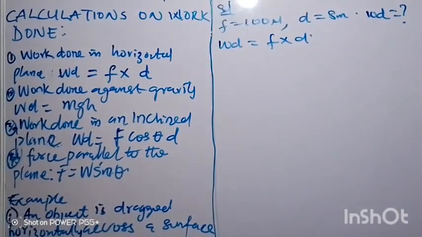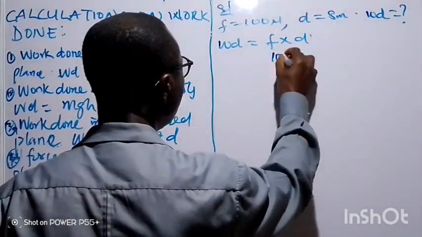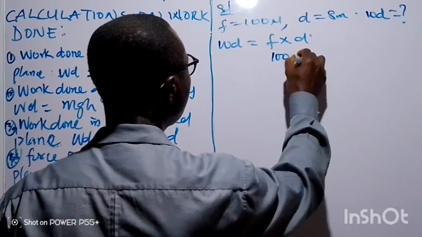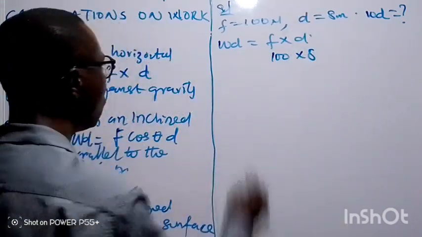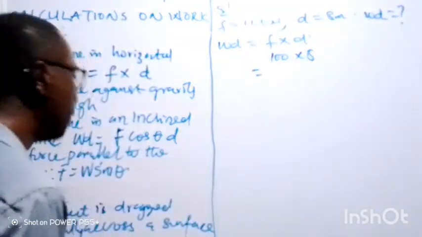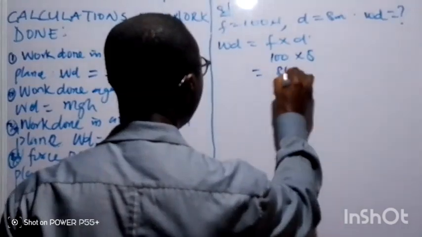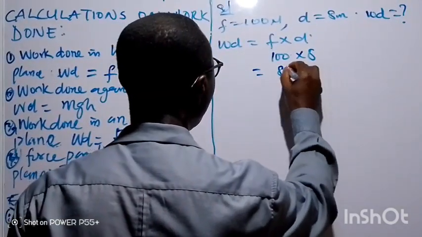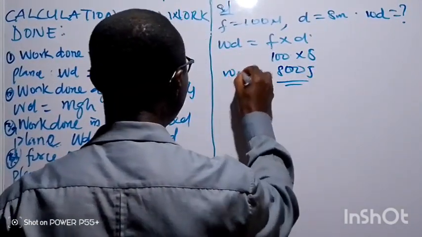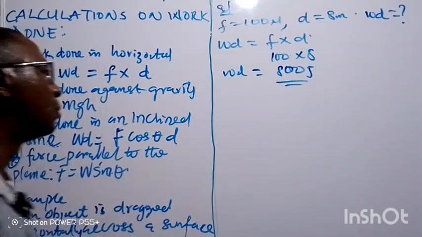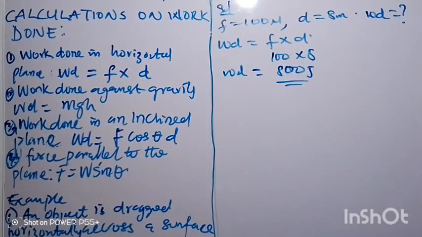The force given is 100 Newton, multiplied by 8. So the work done by the force will give us 800 joule. That is the simplest example that we can have under this calculation.